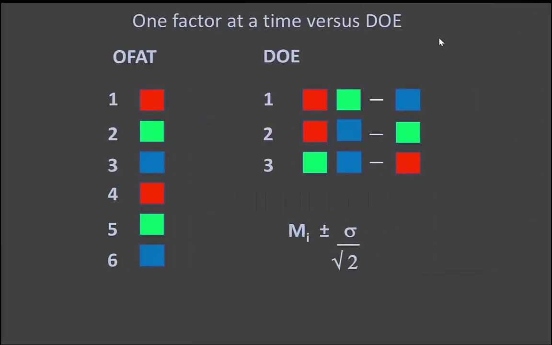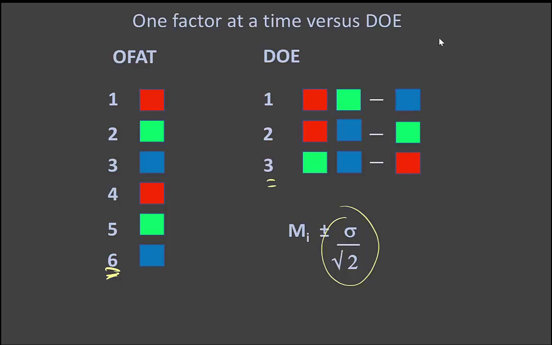Well, both strategies have improved my precision. But the one factor at a time required 6 measurements, whereas the second strategy, which I'm calling the DOE strategy, required 3. Why have I called the second one a DOE strategy? Because we've reverse engineered the statistics to optimize the experiment. We are trying to get the maximum precision.